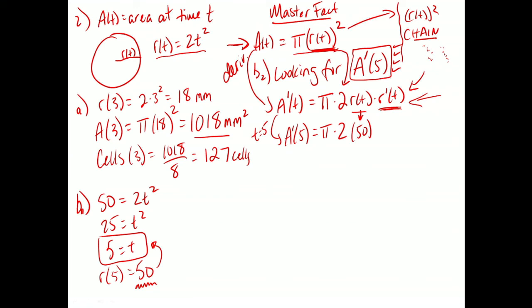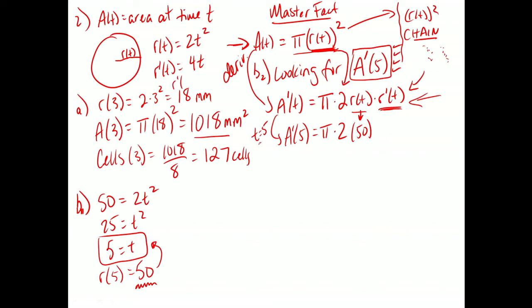But here's where you have to use your intelligence and say, but wait a minute. R of t is right here. It's 2t squared. So how hard is it for me to write down what r prime of t is? Super not hard, right? It's 4t. So what's r prime at time 5?